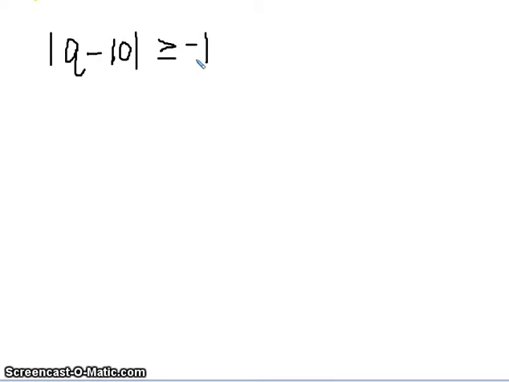So every single number in the world, when you take the absolute value of it, it's going to be positive. So if you have the absolute value greater than a negative, then my solution is going to be that q is equal to all real numbers.